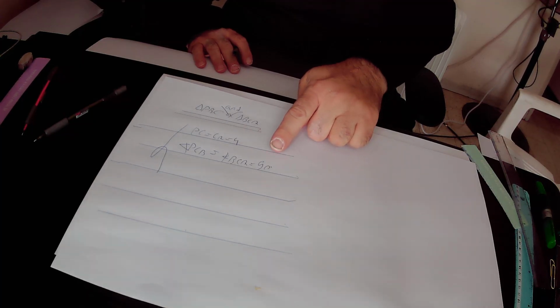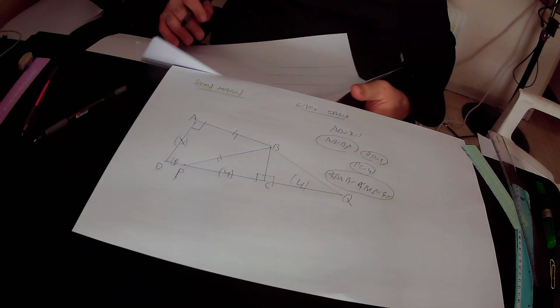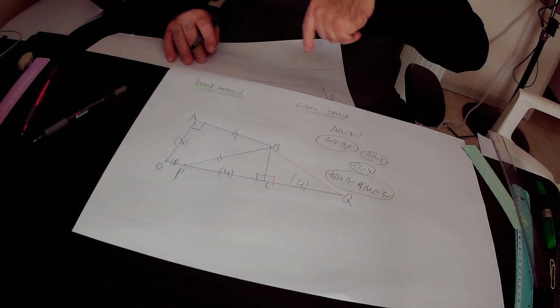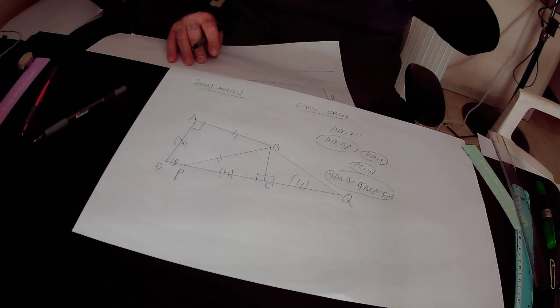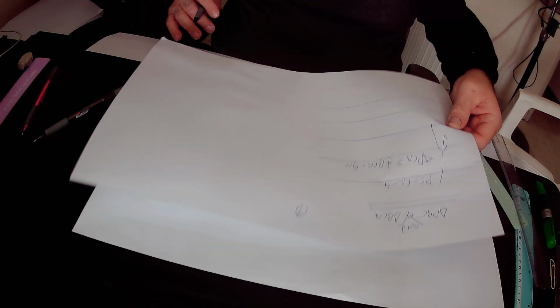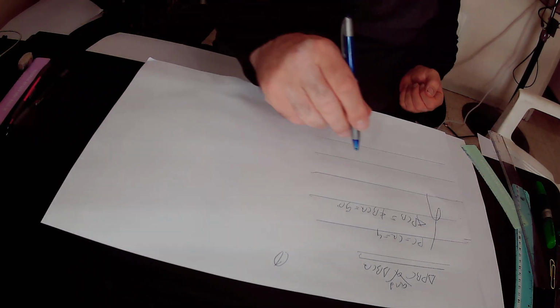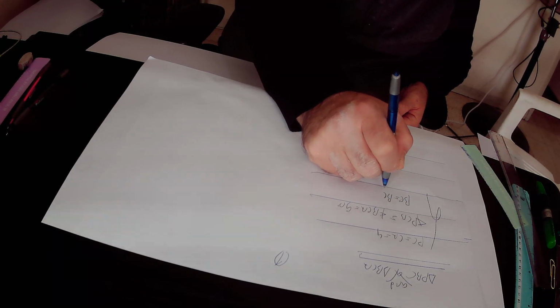They are both equal to 90 degrees, and therefore they are equal to each other. And finally, this is side BC. This is the common side that belongs to both triangles. So we can write down that BC equals itself, the common side that belongs to both triangles.